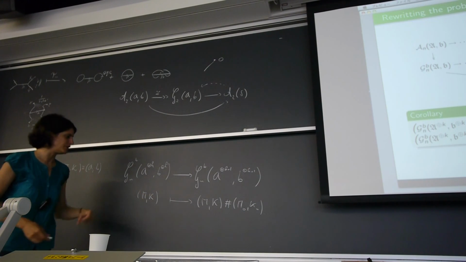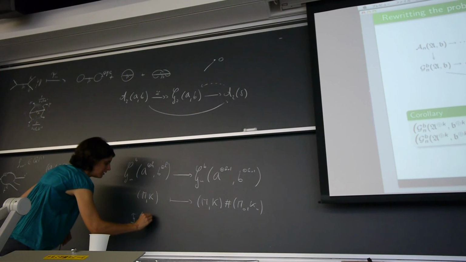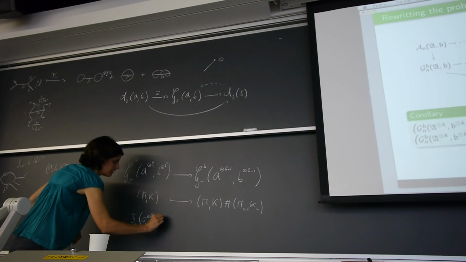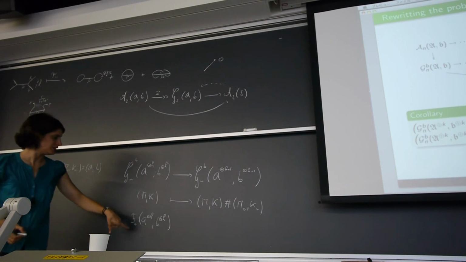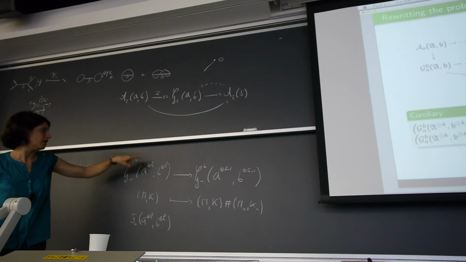This defines a priori a map on F0, on this Alexander module, but it is to check that it induces a map on the quotient.